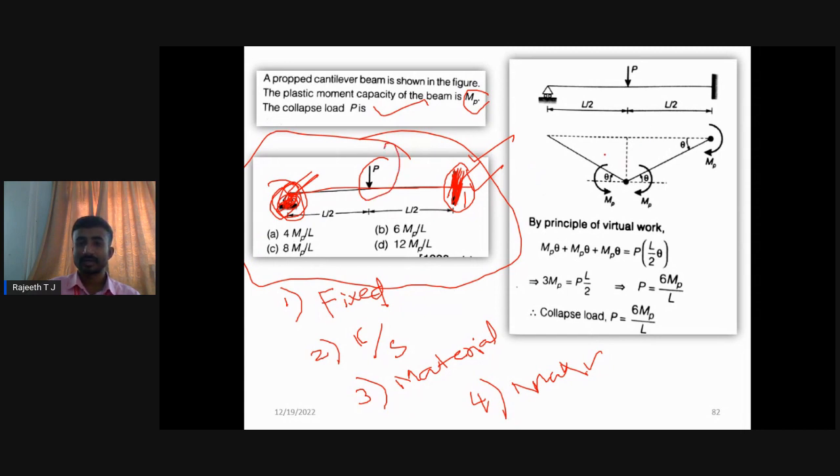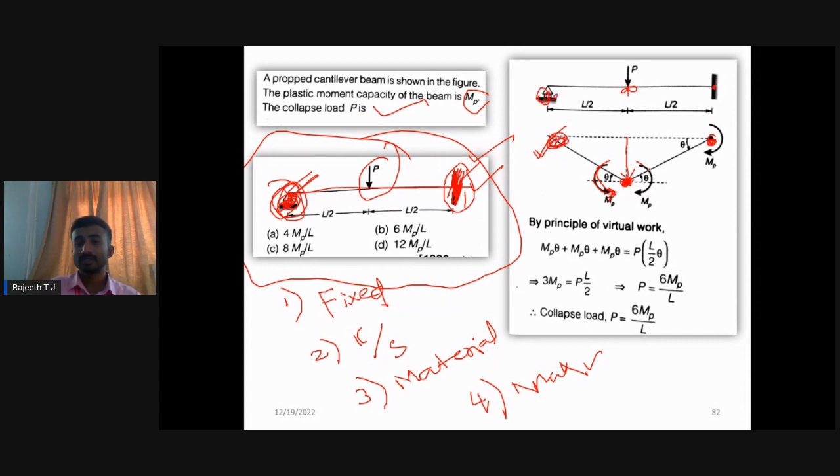So here we should write this mechanism, the different shape of the beam because of this load. Under the point load, the plastic hinge will form, and at the fixed end one more plastic hinge will form. Then I need to write the plastic moment capacity. Only where you have a plastic hinge will you get the plastic moment, not here, where the moment is equal to 0 because of the simply supported condition.